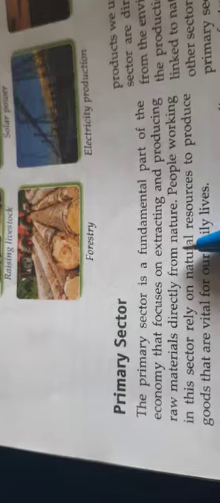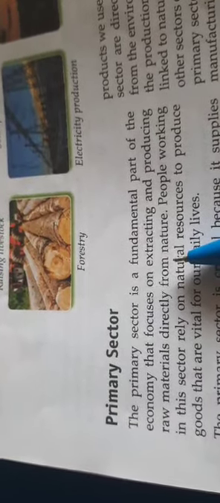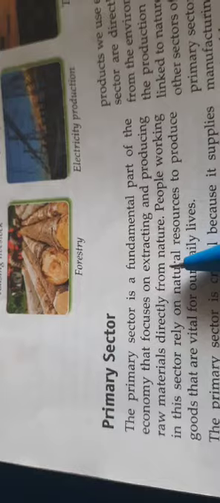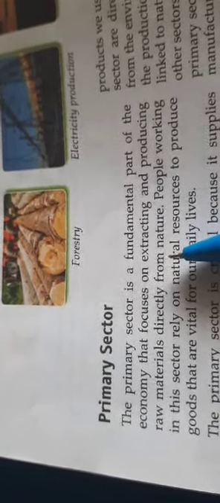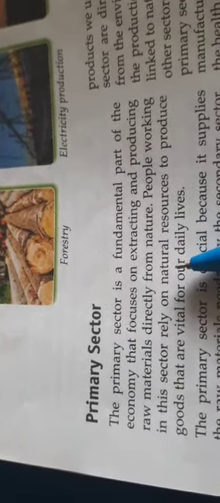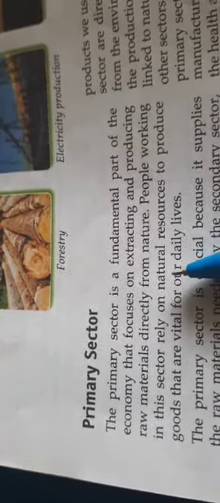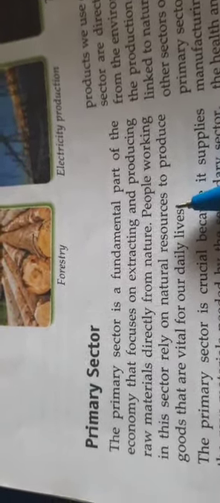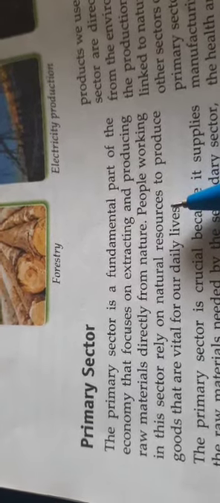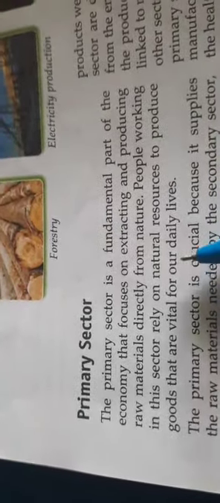People working in this sector rely on natural resources to produce goods that are vital for our daily lives. We are using some products in our daily lives, and they come from this sector.